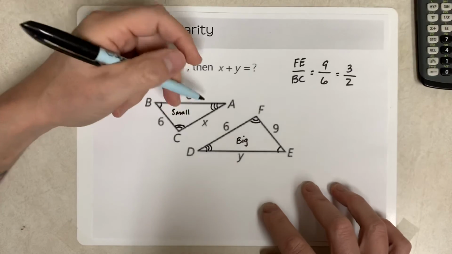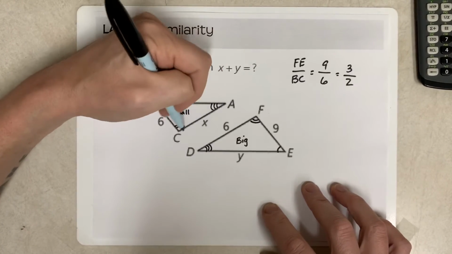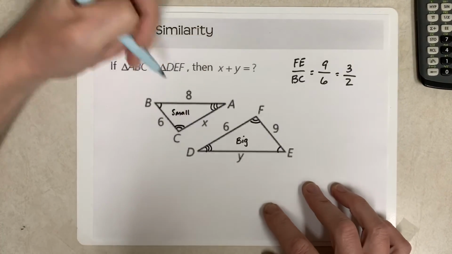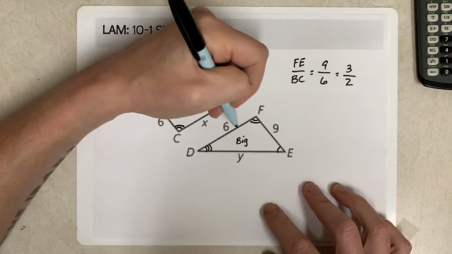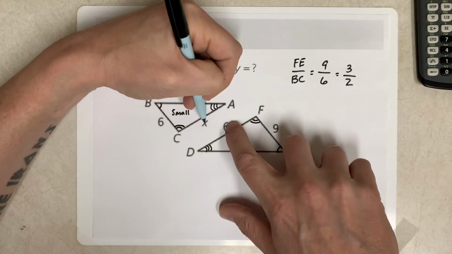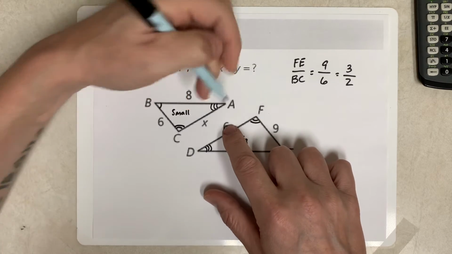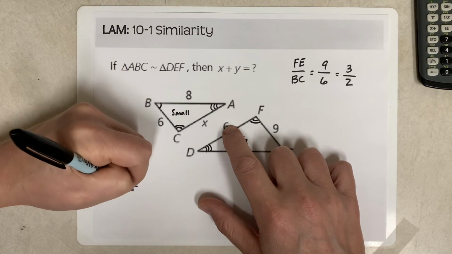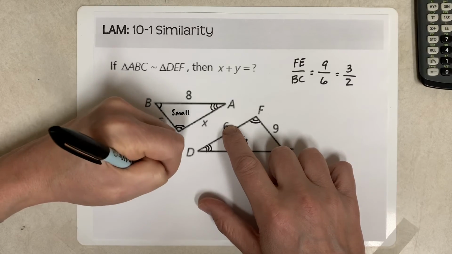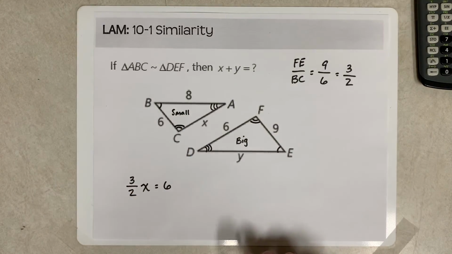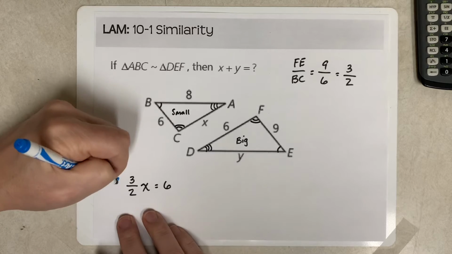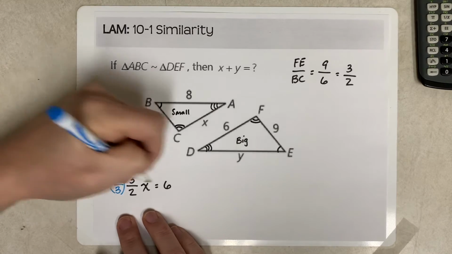All right, so we're gonna find x plus y. So what is x? So x is AC, and then AC matches up to DF, 6. So these two match up. So I've got to multiply that x by 3/2 to get 6. So 3/2 times x is equal to 6. So I'm going to multiply by 2/3, reciprocal.